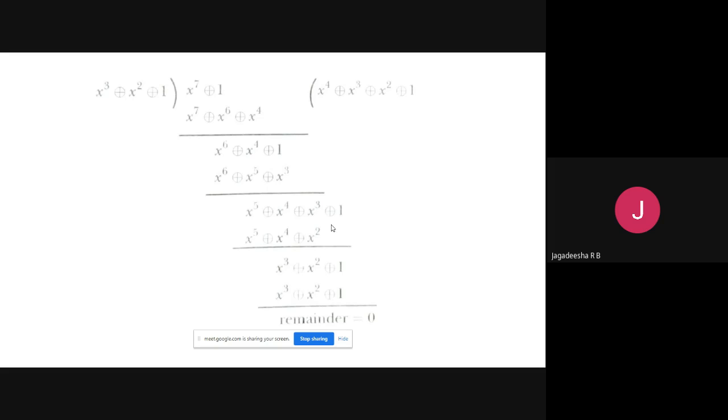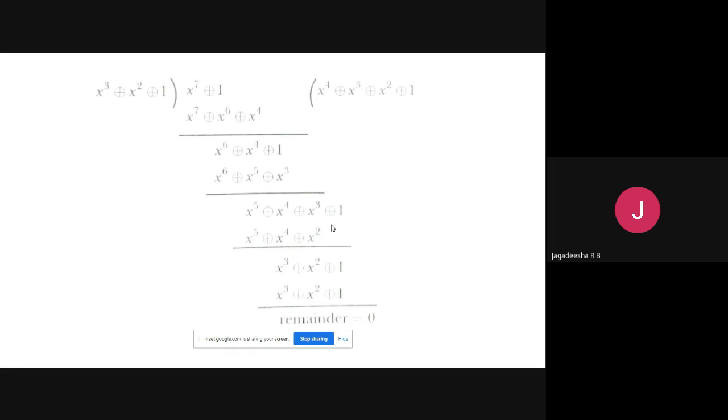Anyway, when you divide, you get a remainder of 0. That means it completely divides. So x cube plus x square plus 1 is a factor of x power 7 plus 1. That gives us the strength that we have proved the second property.